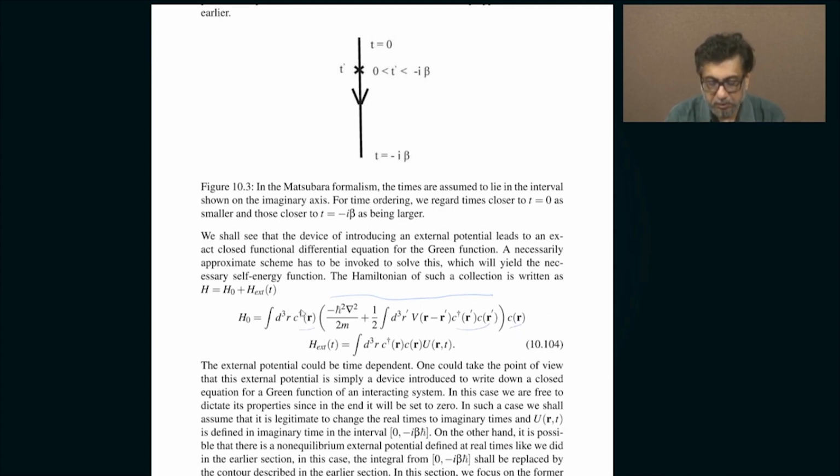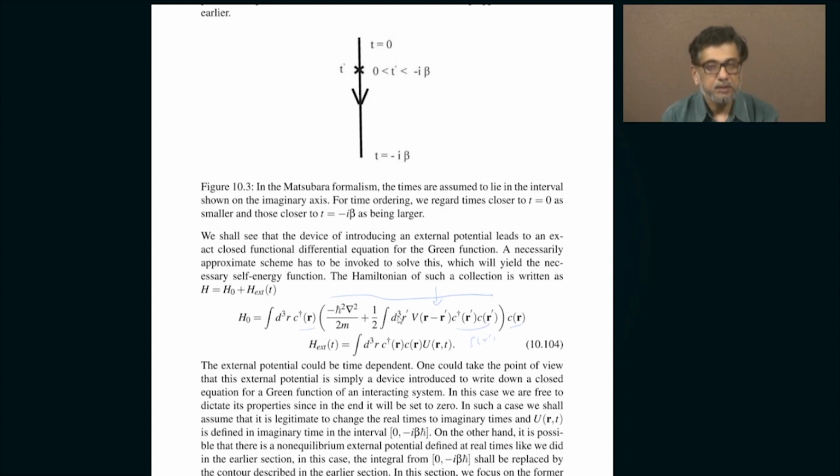This is usually C dagger C, just kinetic energy, but this involves the density of particles sitting at r dash, and this is the density of particles at r, so in some sense it is basically the interaction of particles sitting at r and r dash, and this is the mutual interaction potential energy. This half is there because you are counting it twice and you want to count only once.